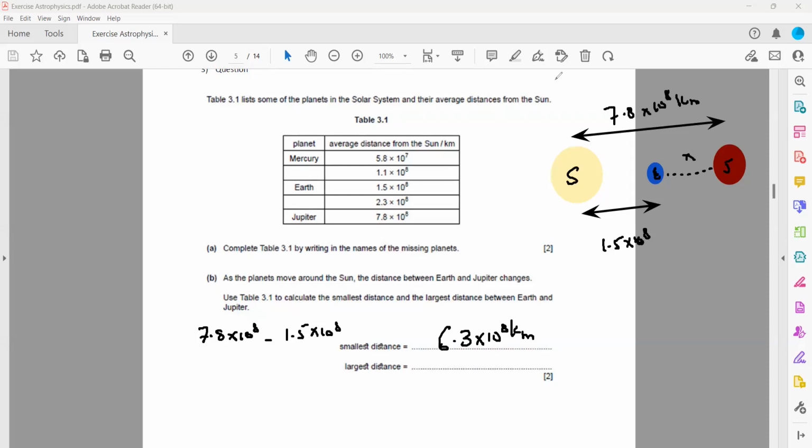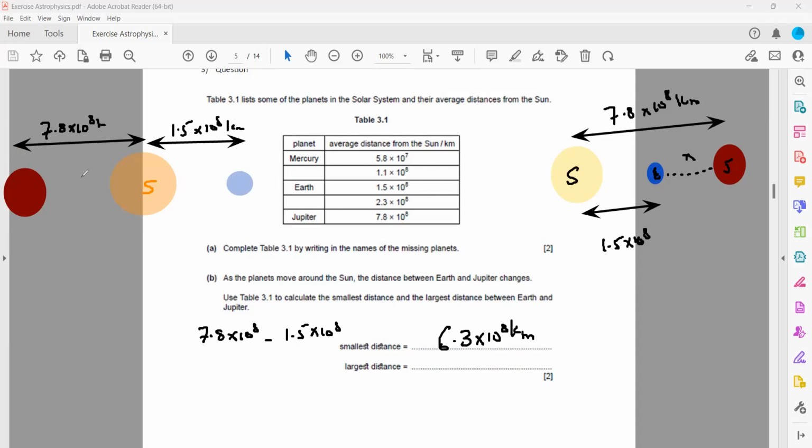Now, we'll have the maximum distance between the two planets when they're on the opposite sides of the sun. Like if this is representing the sun, Earth is, for example, on the right hand side and Jupiter is on the left hand side. This will result in the maximum distance between them. So we know the distance between the sun and Jupiter is 7.8 into 10 to the power 8, and the distance between the sun and Earth is 1.5 into 10 to the power 8.